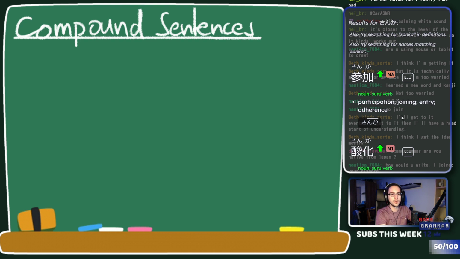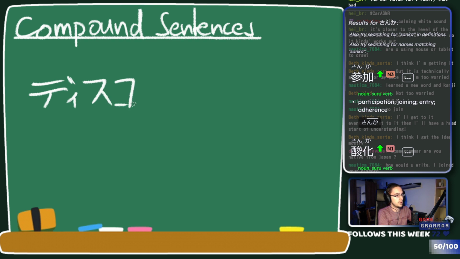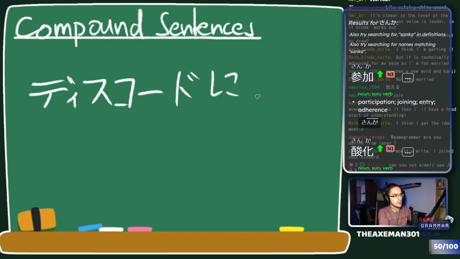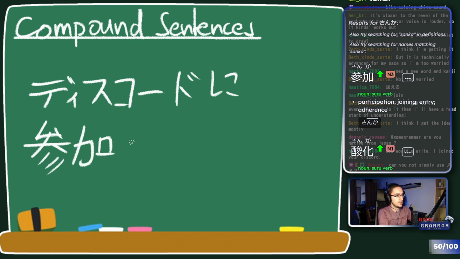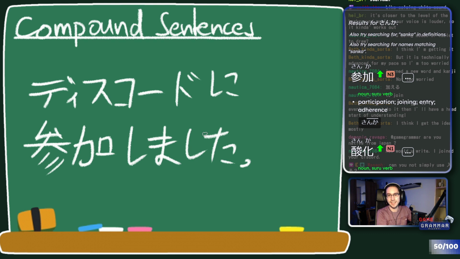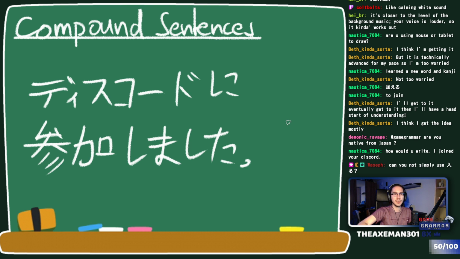It's a pseudo verb, so you can say Discord に参加しました. That's the easiest. Can you not simply use 入る? Discord に入った. Yeah, you can say that too. I entered your Discord, I joined your Discord. Both should work just fine, but I think 参加する is a bit nicer in these cases, though it doesn't really matter.